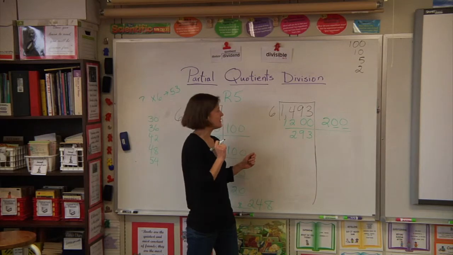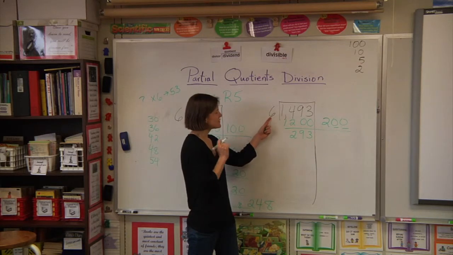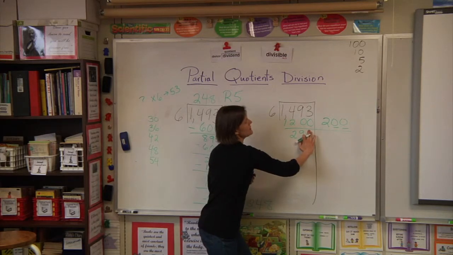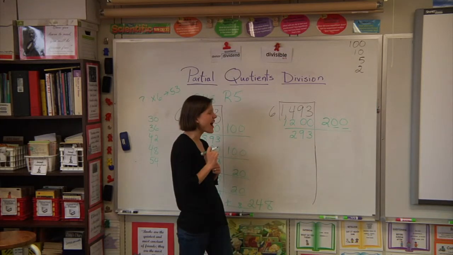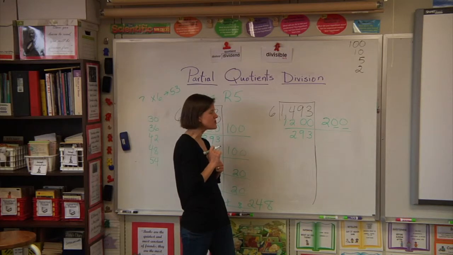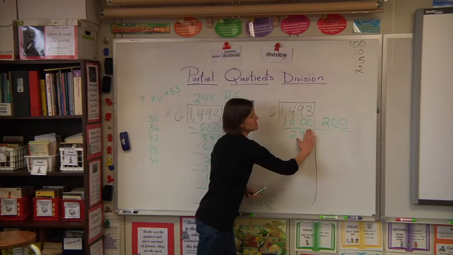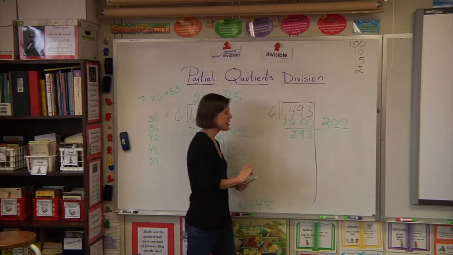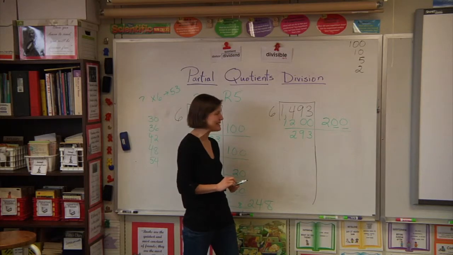Right now I'm thinking, what times 6 will get me close to 29 without going over? I know 6 times 5 is 30, so that's too high. So what about 6 times 4? But again, I'm not trying to get to 29. I'm trying to get to 290.